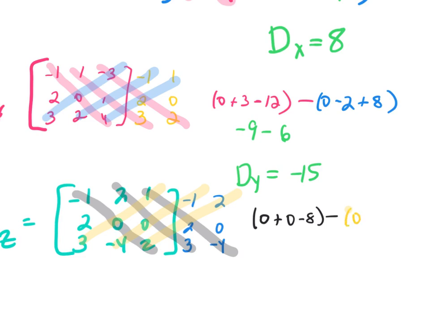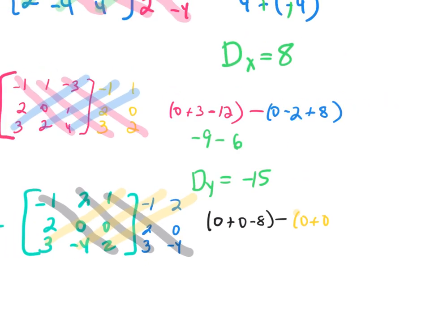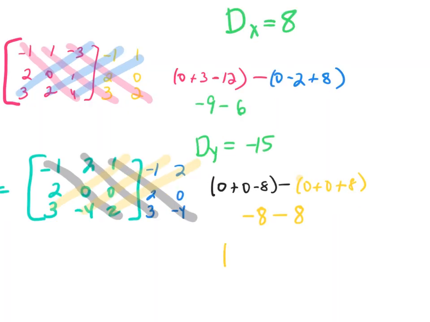What's negative 4 times 0 times negative 1? Good. And then 2 times 2 times 2. So I have 0 plus 0 minus 8 is negative 8 minus 0 plus 0 plus 8, 8. So D sub Z equals negative what?